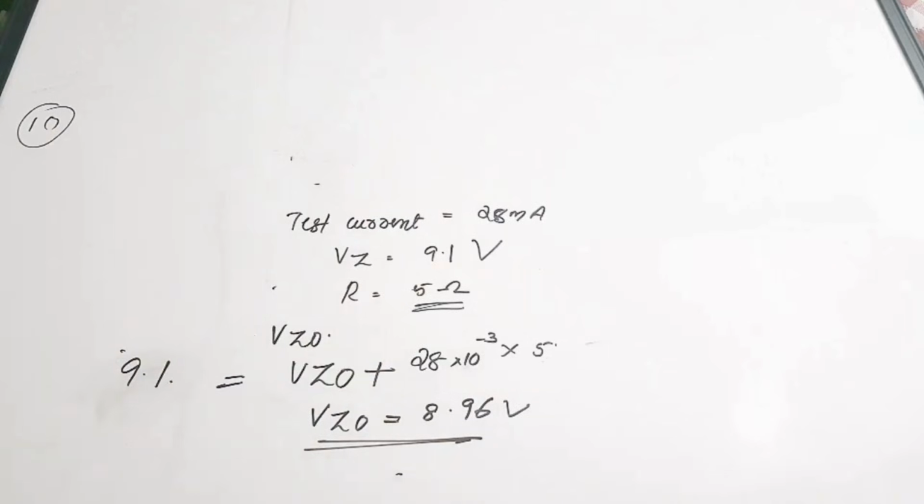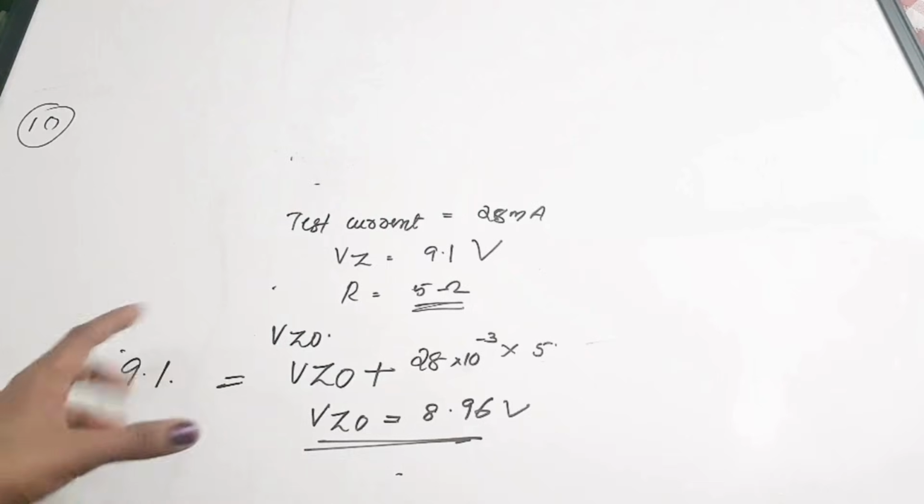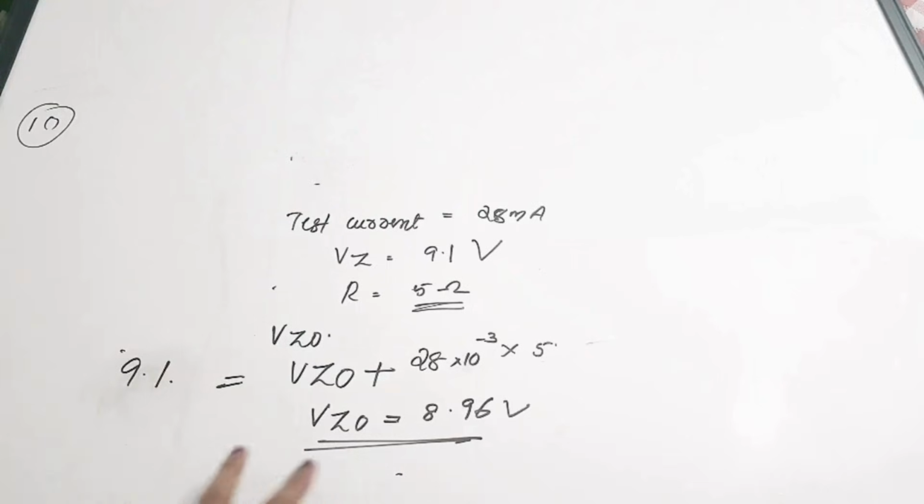This is actually a Zener diode model. We are going to apply some test current with some incremental resistance, and the Zener voltage will vary according to these values. But first we need to find the initial Zener voltage, which will get modified to produce the final Vz, right? So we need to find that value Vz0, that is 8.96.